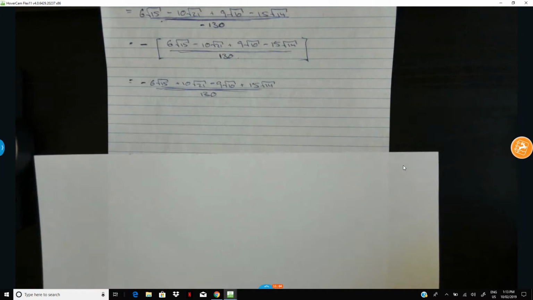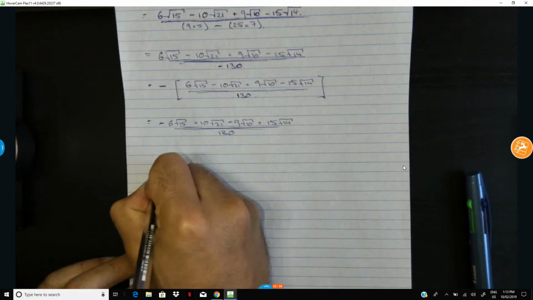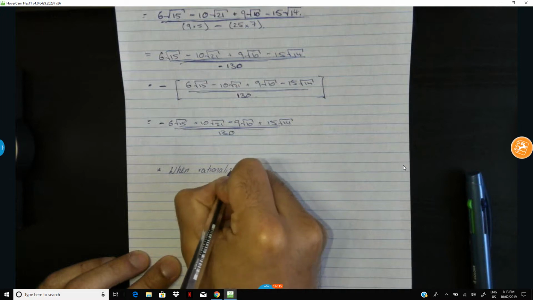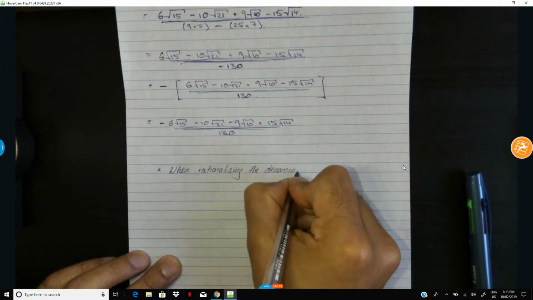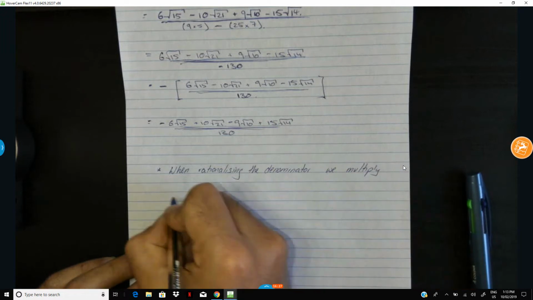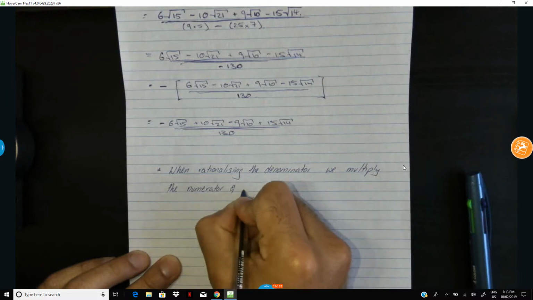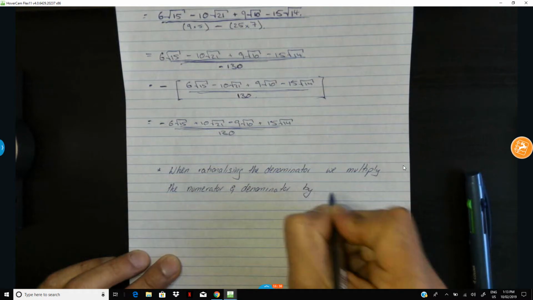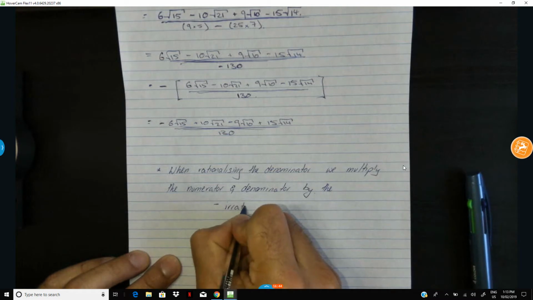Okay, so to summarize, when rationalizing the denominator, we multiply the numerator and denominator by the irrational term.